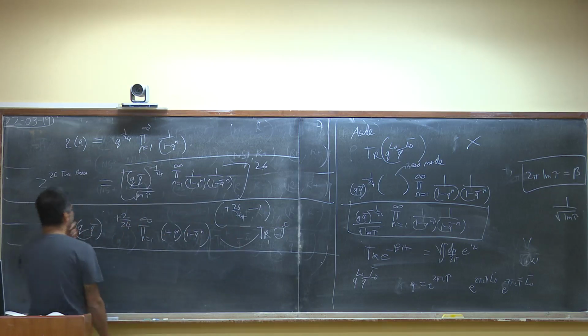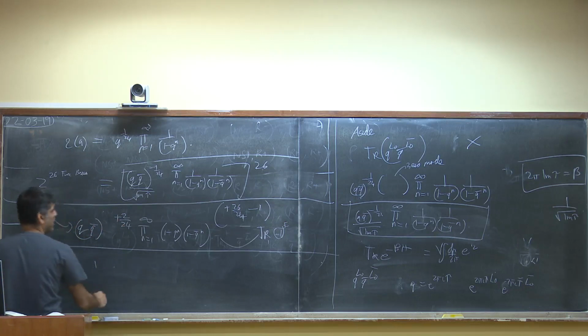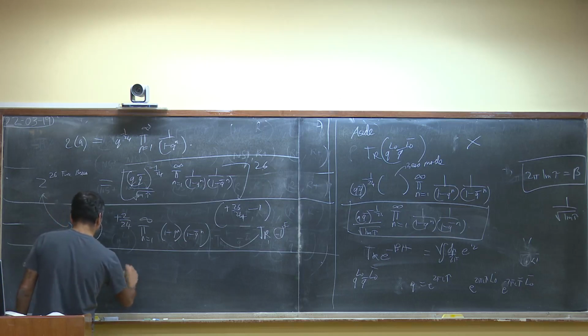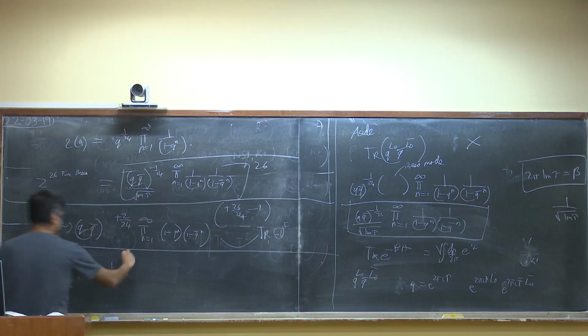What I get is the product over n from 1 to infinity of 1 over 1 minus q to the power n, 1 over 1 minus q bar to the power n, to the power 20 or so.